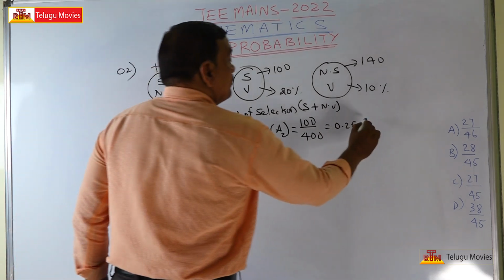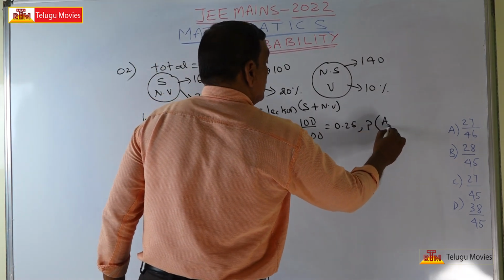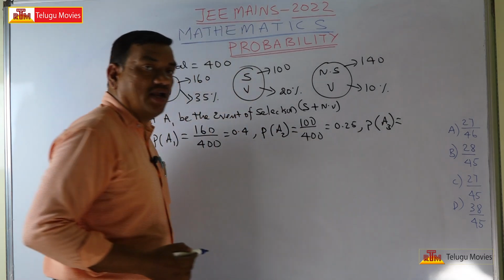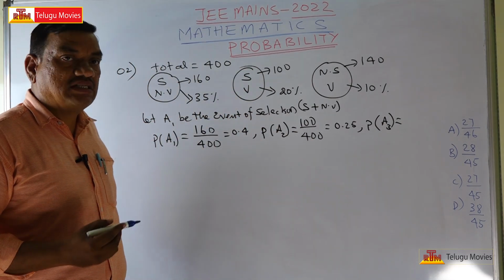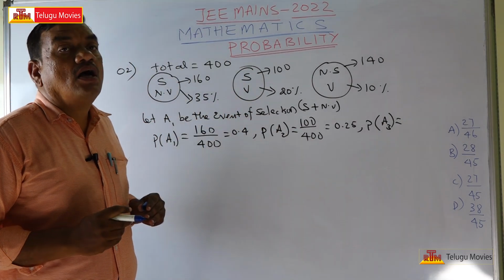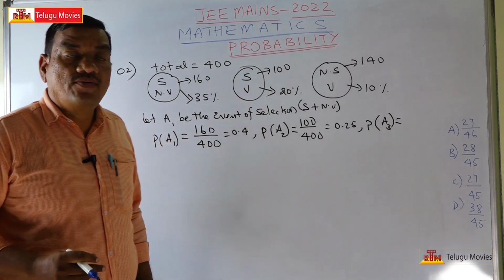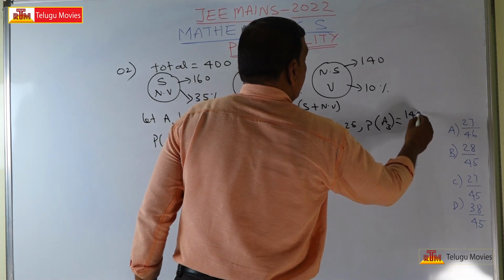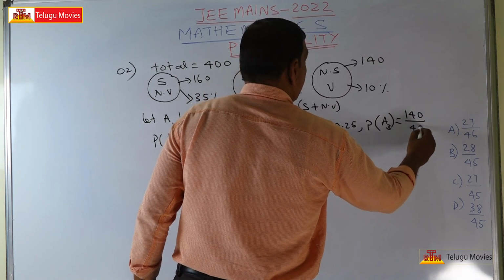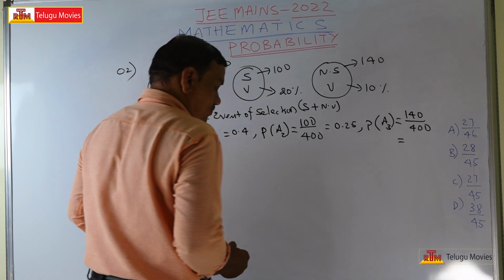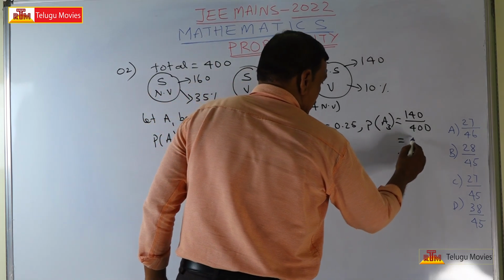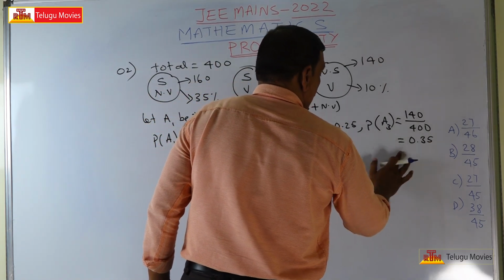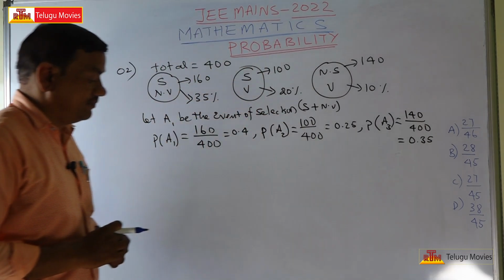Again, third one, probability of A3. Let A3 be the event of selecting a person who is a non-smoker and vegetarian. It is given by 140 by 400, which is 0.35.